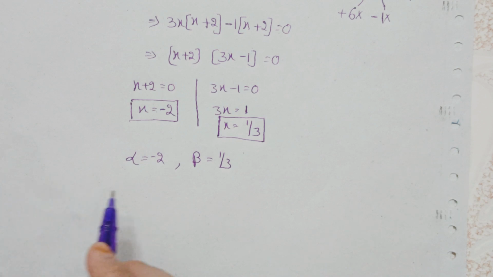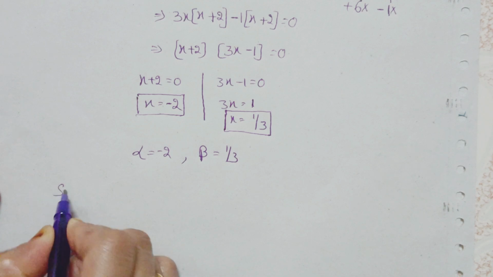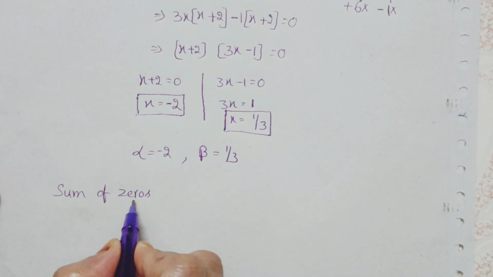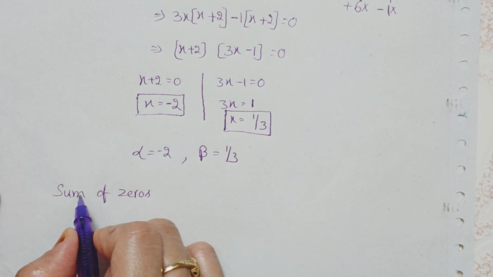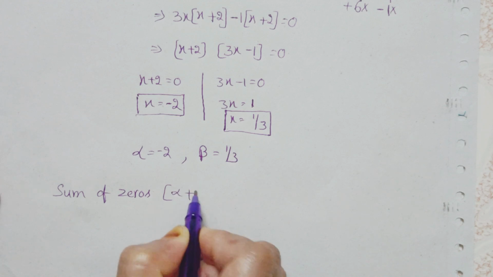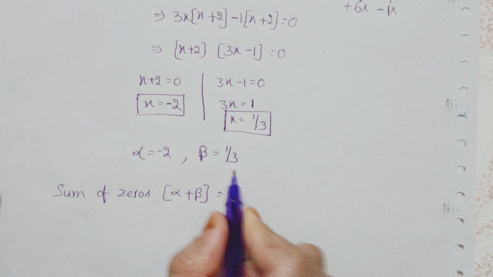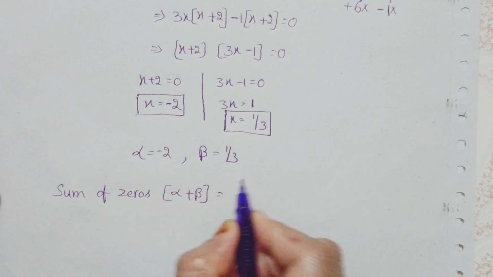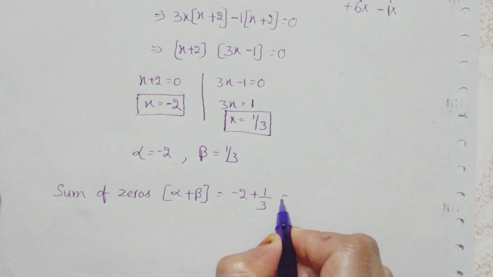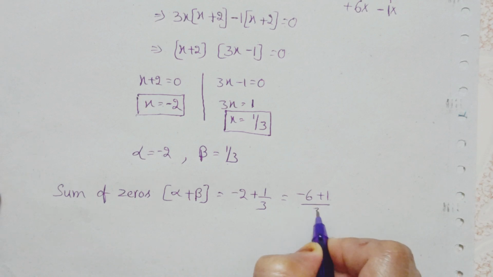Now I'll find out the sum of zeros. Sum of zeros means the addition of these zeros, that is, alpha + beta. So we have to add these two terms: −2 + 1/3. Taking 3 as the common denominator, −6 + 1 divided by 3.